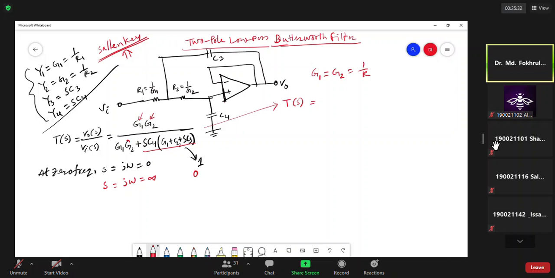The transfer function will be 1 over R square and 1 by R square plus SC4 into 2 by R plus SC3.